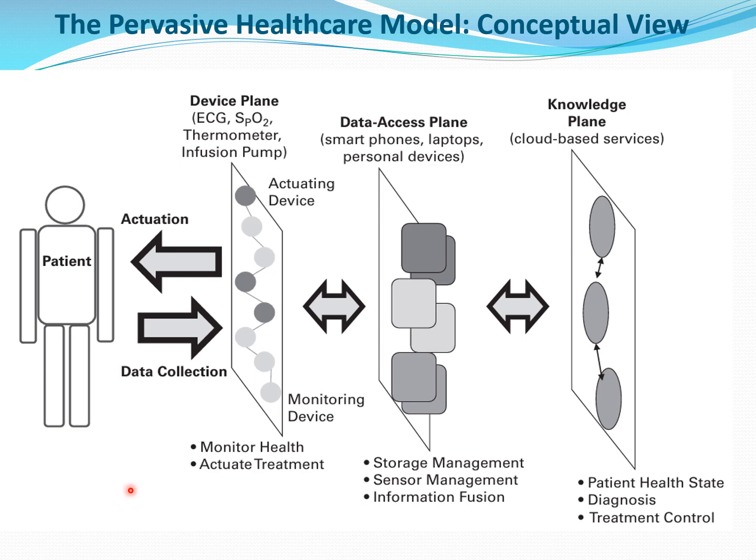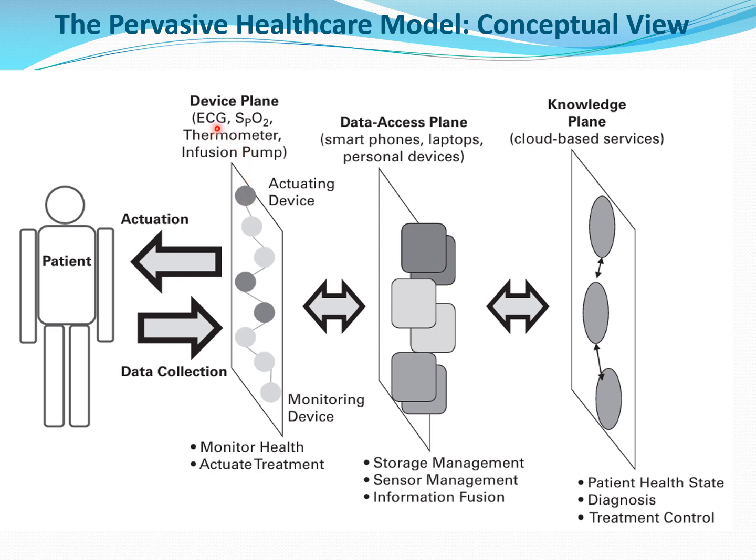Now this diagram shows a very clear conceptual view of the pervasive healthcare model. Here you have the patient fixed with various sensor devices. So the data collection takes place from various sensor devices, which we call the device plane. What is the device plane?